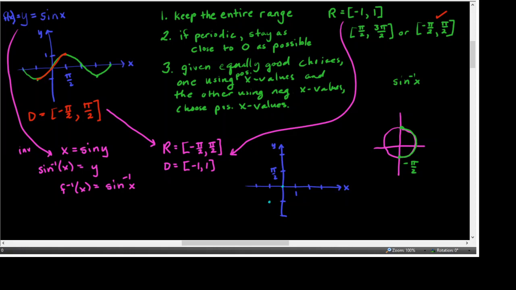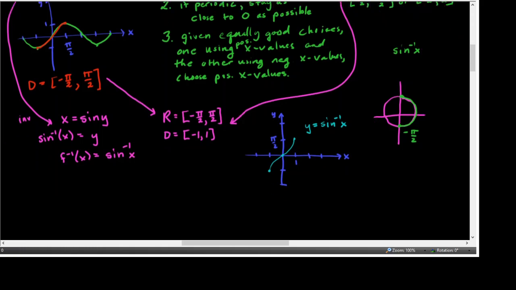And pi over 2, 1 goes to 1, pi over 2. And the graph looks like this. And notice that its range is from negative pi over 2, the low point down here, to pi over 2, the high point, which corresponds to that unit circle idea I wrote over there to the right.